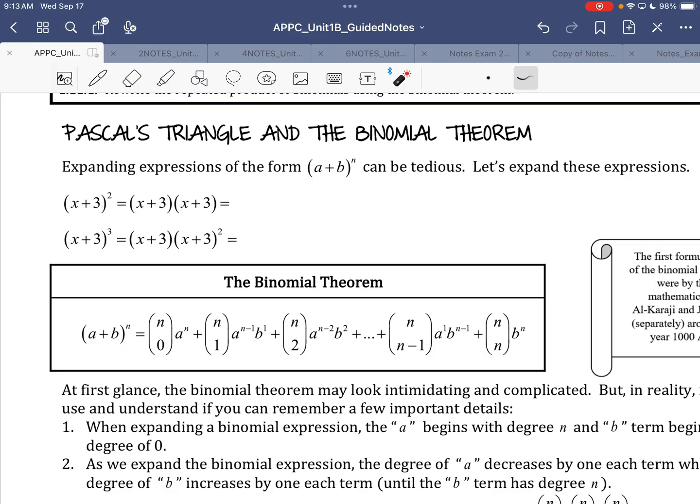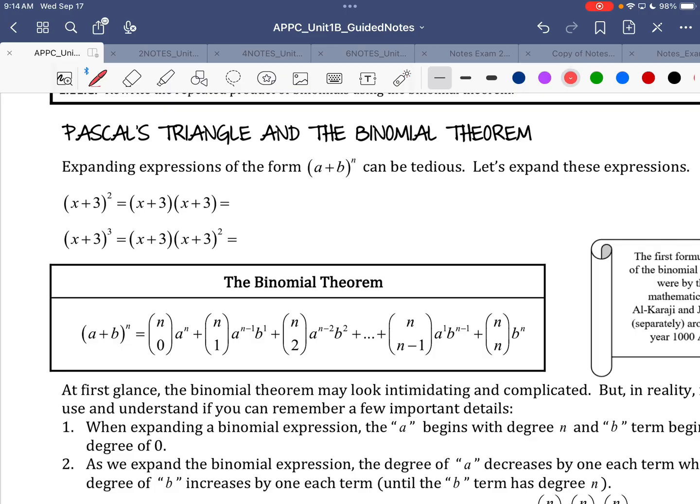So if I have like x plus 3 cubed, yes, I could write it as x plus 3 times x plus 3 times x plus 3 and expand that all the way out, but that's really, really tedious and there's a lot of algebra mistakes that you can make. So the binomial theorem helps us avoid that.